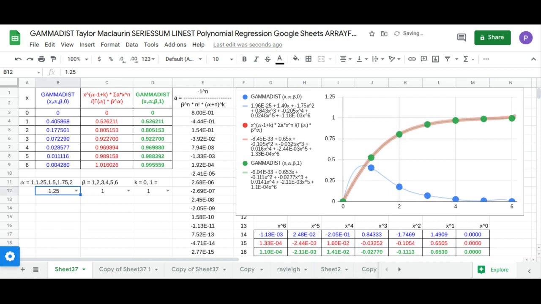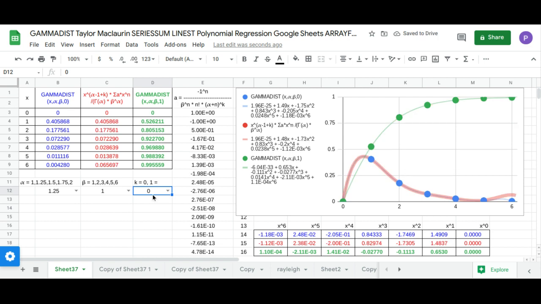Increase our alpha to 1, and you can toggle this. So there is an error because our expansion is limited only to n equals 16.